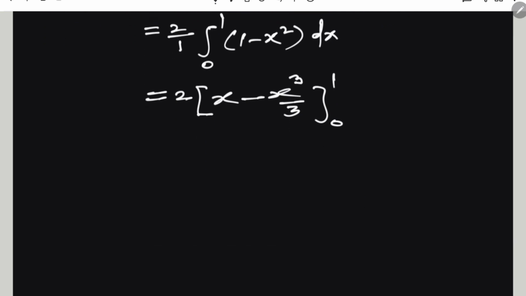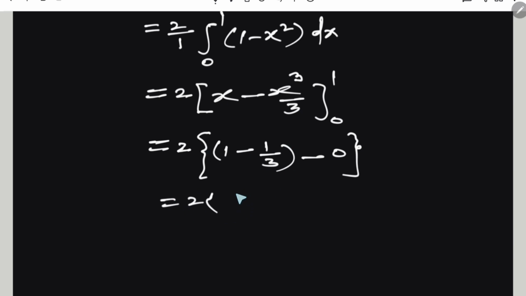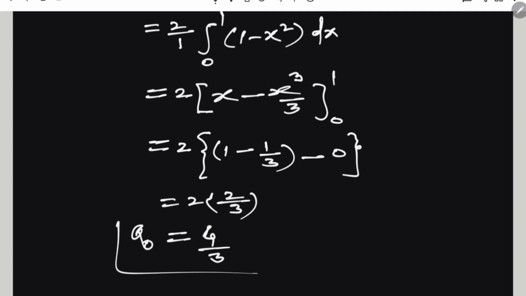Substituting the upper and lower limits, we get 2 into 1 minus 1 by 3, and the lower limit x is 0 for both terms, so it is 3 minus 1 over 3, nothing but 2 into 2 by 3. Therefore, a0 is equal to 4 by 3. We call this equation number 2.